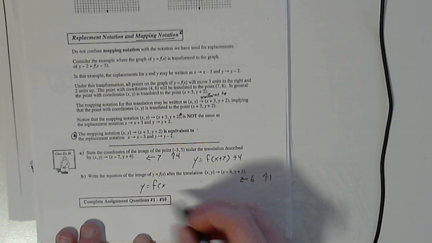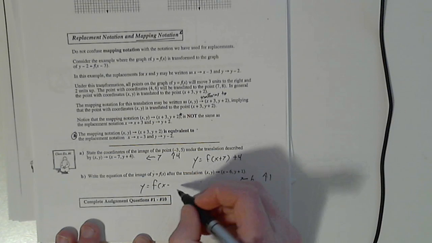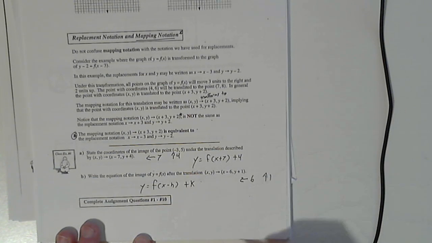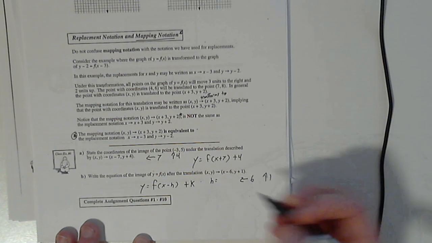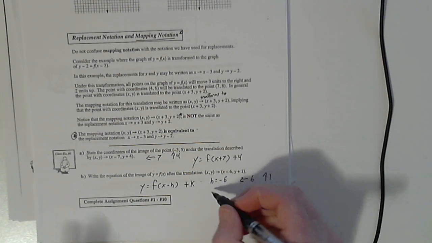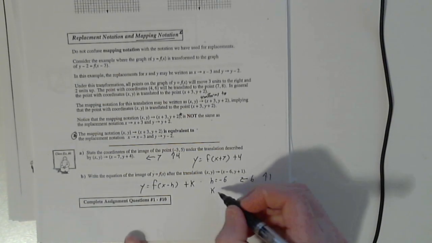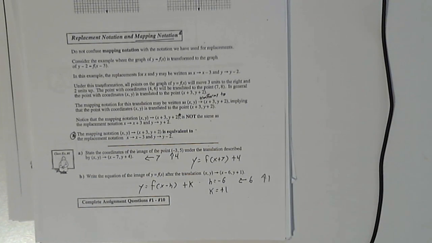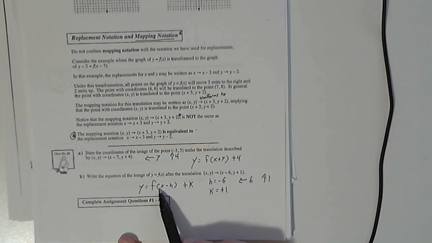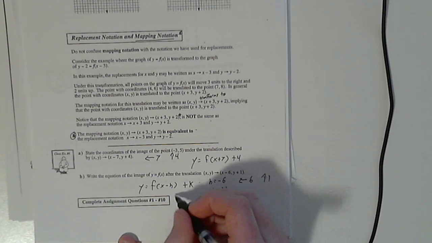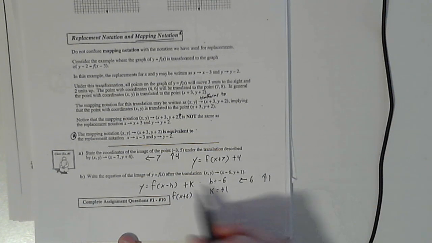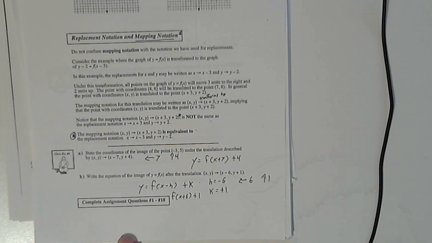Again, if you want to do it the slow way, because the formula is x minus h plus k, our h value is negative 6, and our k value is positive 1. So then you can sub these things in. So x minus negative 6 is f of x plus 6. And k is plus 1, so plus 1.